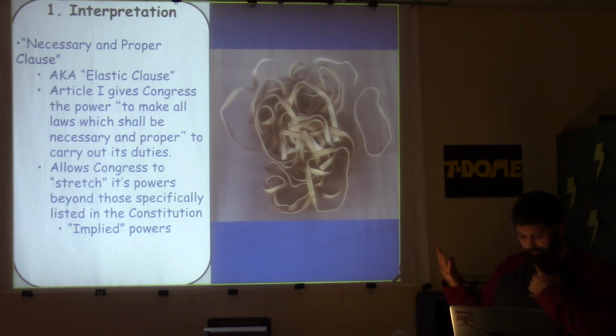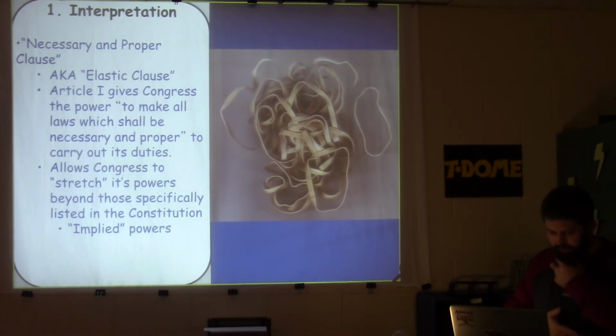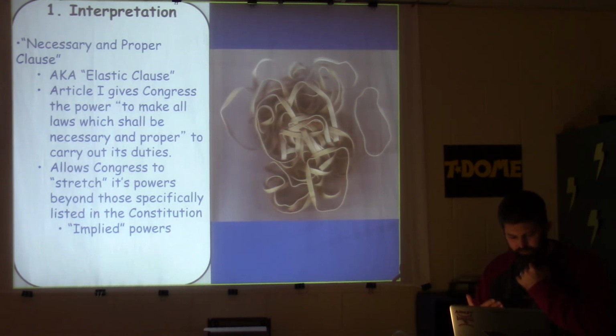That kind of gives them almost unlimited power. That's why the legislative branch is known as pretty much the highest power of government that we have. They can do the most. So this allows Congress to stretch its powers beyond those specifically listed in the Constitution. It's also known as implied powers because they're not listed, they're just implied.